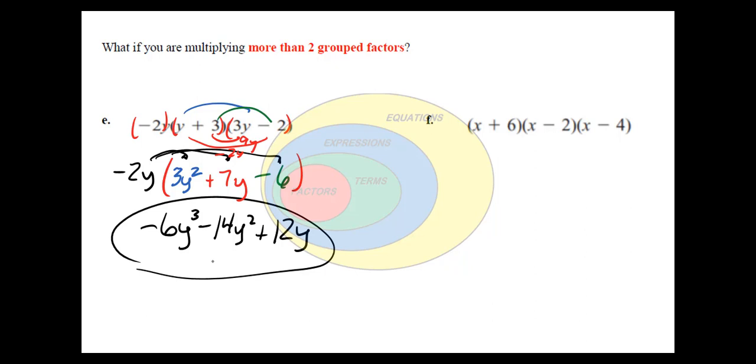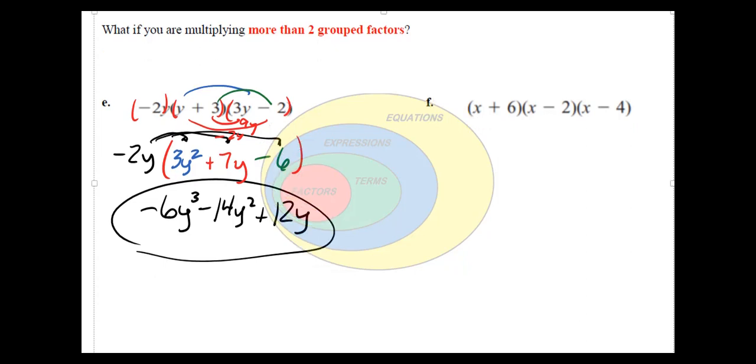So the next expression, f here, when I look at that, I'll just multiply again. It doesn't really matter which two you pick. I'll multiply the second two binomials together. Just going to rewrite the x plus 6 factor and then leave room to keep track of my answer as a factor.